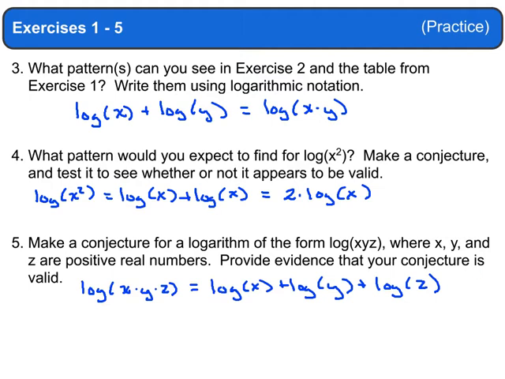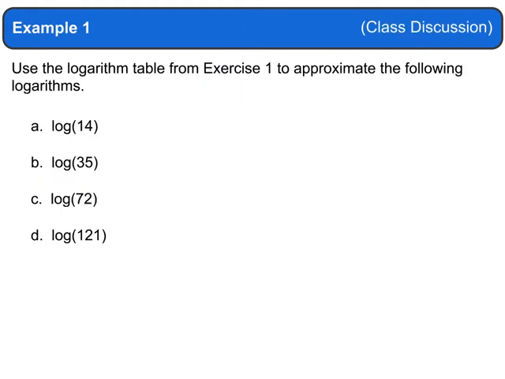So what we're going to do in example number 1 is we're going to test some of these ideas. And so if we see log 14, I can replace that with log 2 times 7. And so since now I know the relationships that are going on, I can rewrite this as log 2 plus log 7.